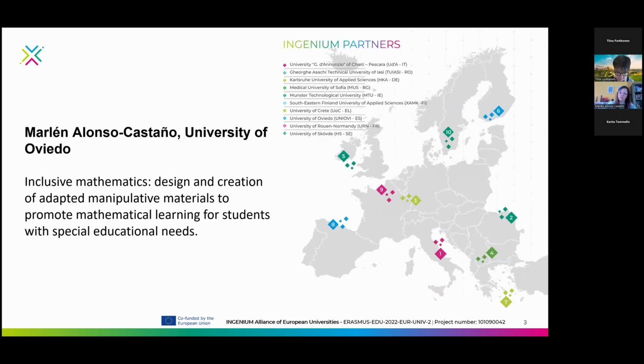And today, we have one presentation from our Spanish partner university, University of Oviedo. So we have Assistant Professor Marlén Alonso-Castano here today, and she will talk about inclusive mathematics and how to design and create adapted manipulative materials to promote learning for students with special education needs.